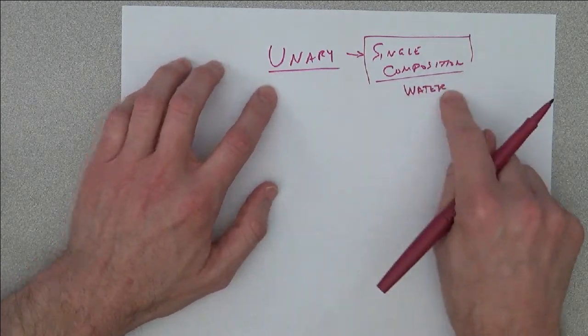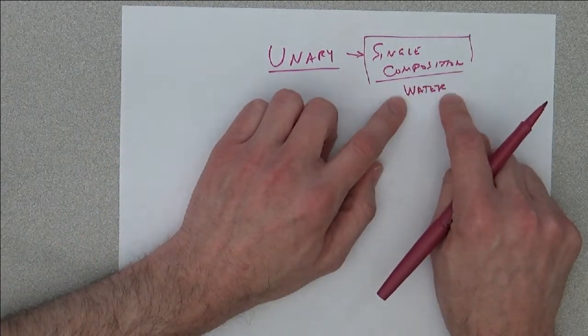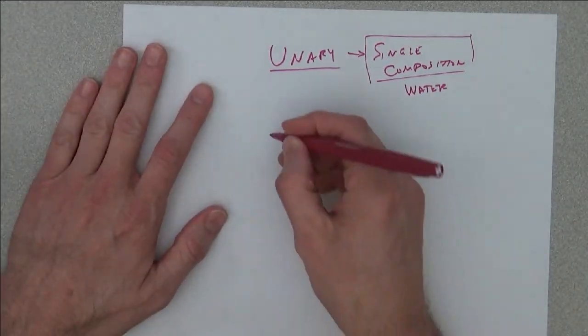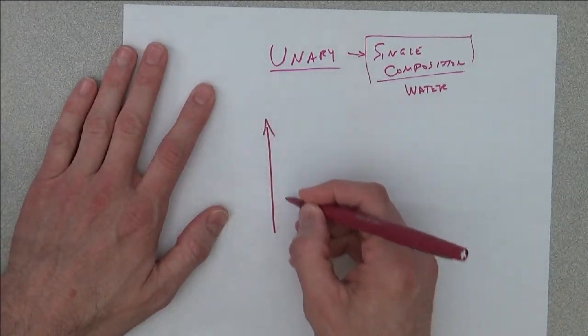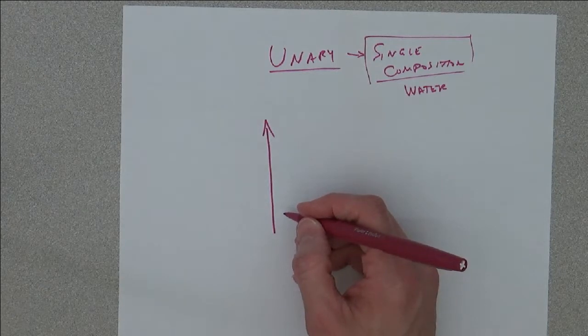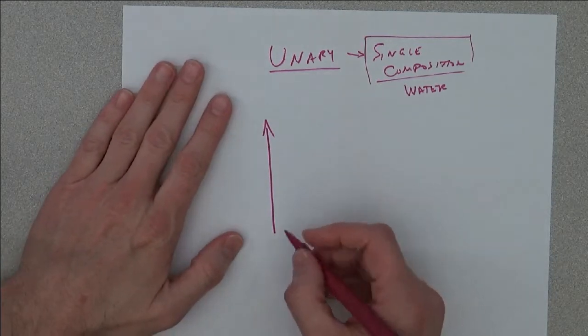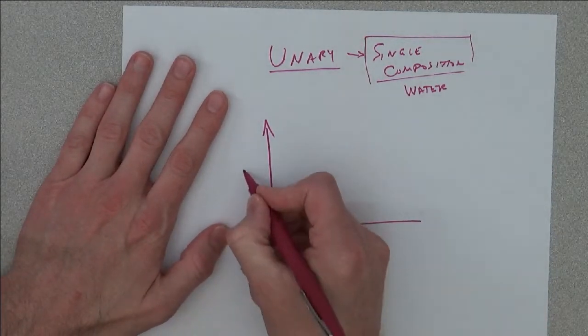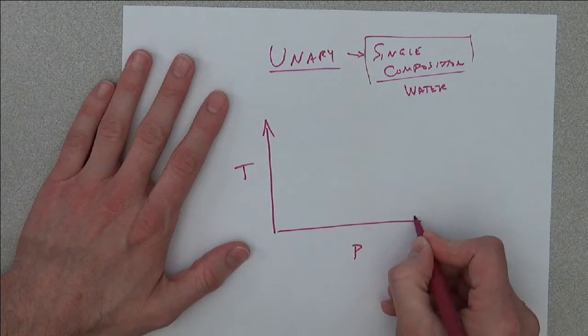And if you're representing just a single compound, we can't vary the composition, but we can vary the temperature, and we can vary the pressure. Temperature and pressure.